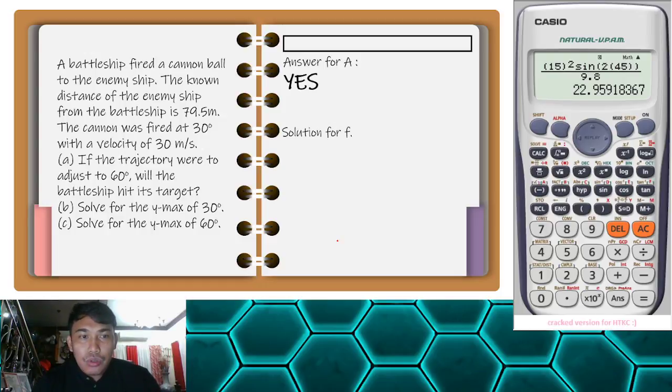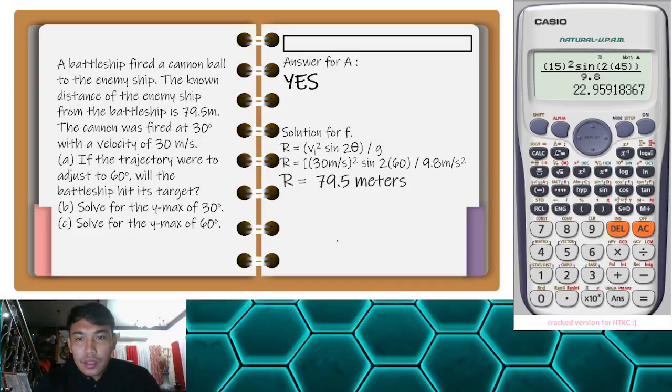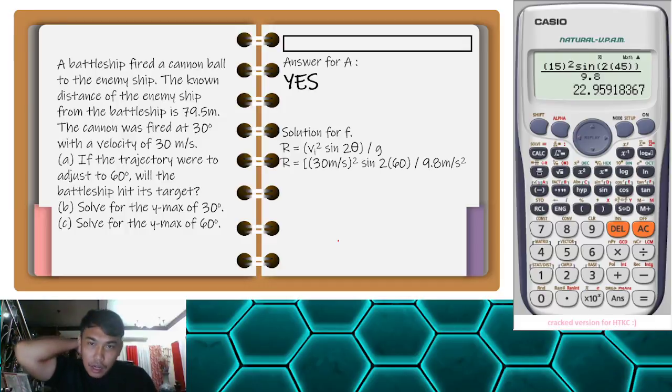Solution for A: our range is equivalent to Vi squared sine 2 theta all over g. Substituting the values, we have 30 meters per second squared and 60. So the answer is 79.5, which is a true hit from our battleship.